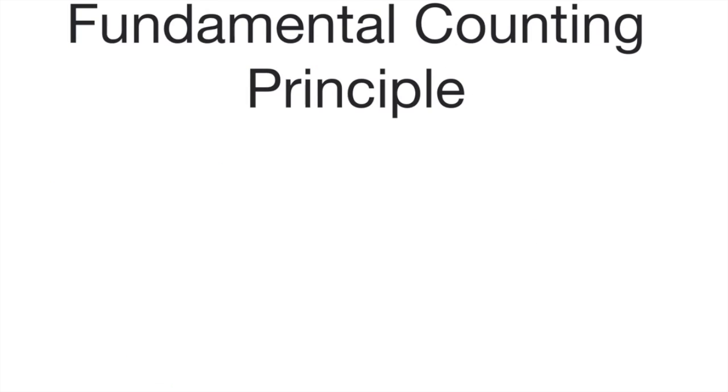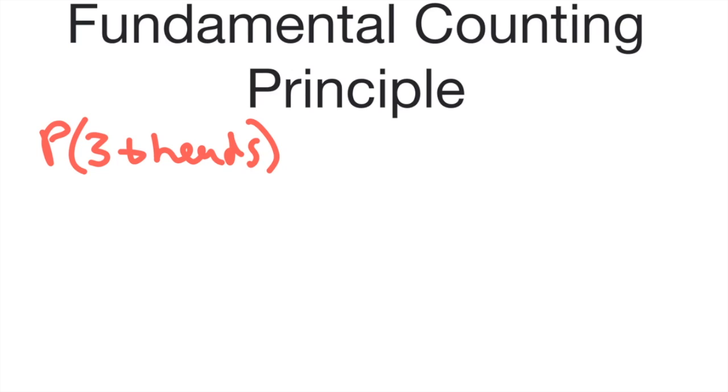The fundamental counting principle is a shortcut to find the total number of outcomes. So if you don't need a list of all the outcomes, you just want to know the total number, then use the fundamental counting principle. Let's think back to the probability of rolling a 3 and getting heads. Let's not find the probability, but let's just find the total number of outcomes.